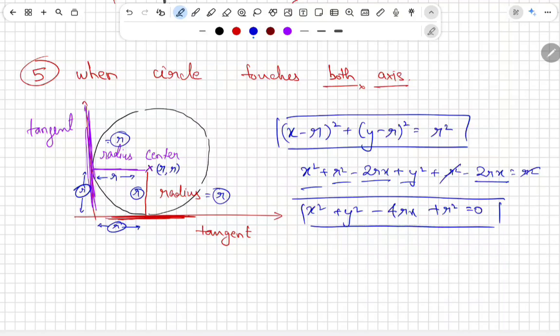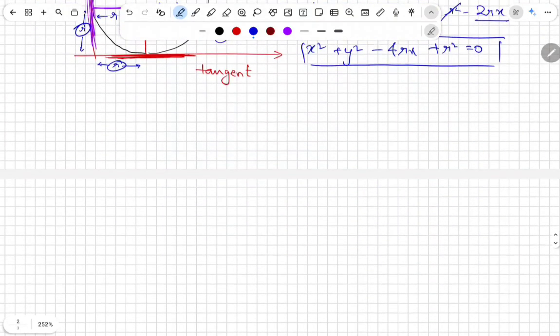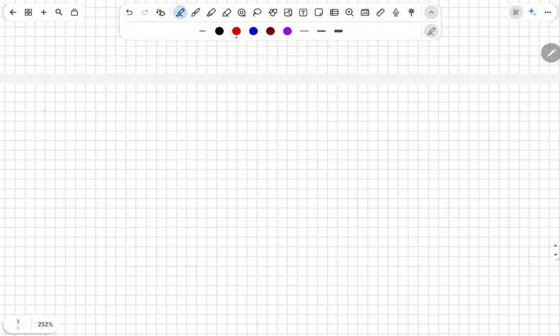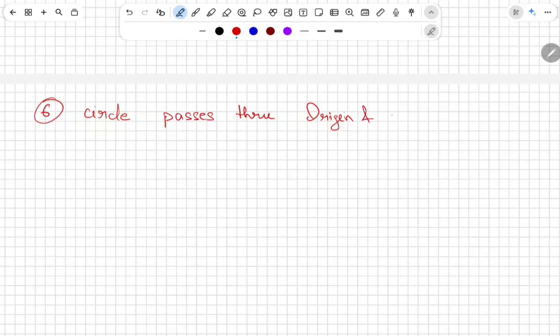Now let's do the next case. When the circle passes through the origin and the center lies on the x-axis. Sixth case, circle passes through origin and center lies on the x-axis.